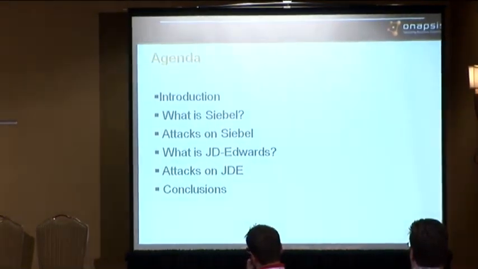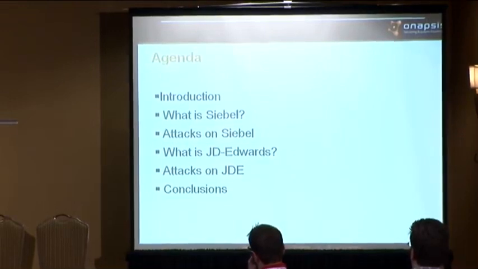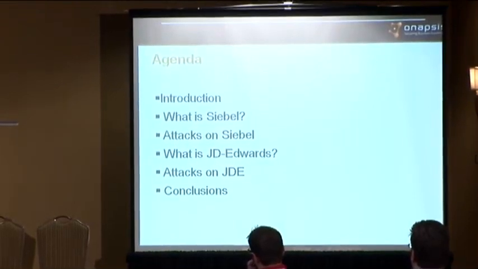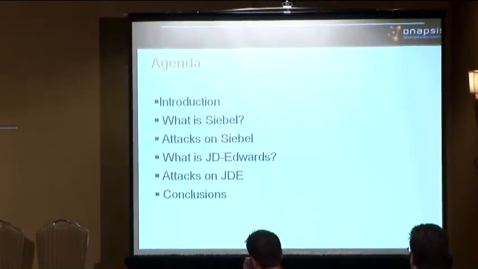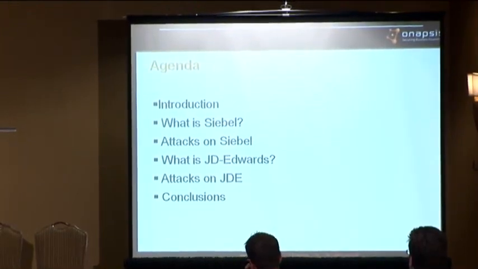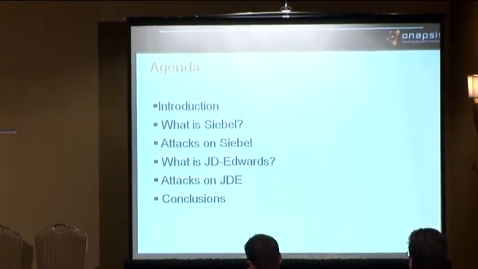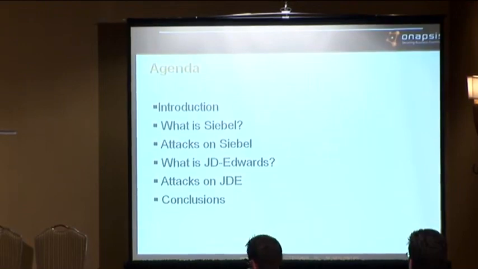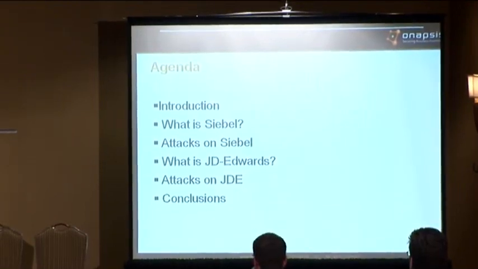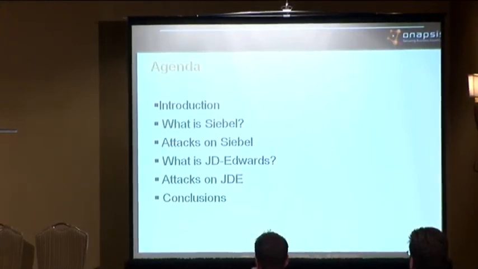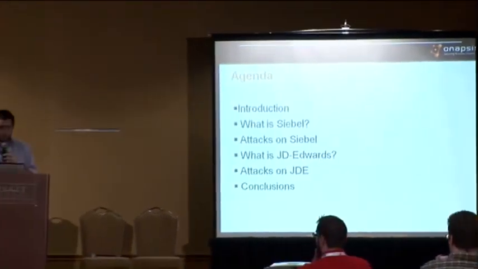Then we are going to jump to JD Edwards, and I'm going to be talking about the different attacks and the network protocol that is being used by JD Edwards. Then we are going to draw some conclusions on how we should take care of the security of ERP systems, because we are seeing some really coincidences with other ERP systems that we are also usually talking about.